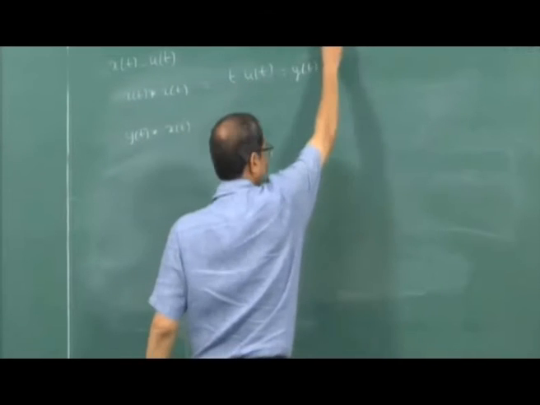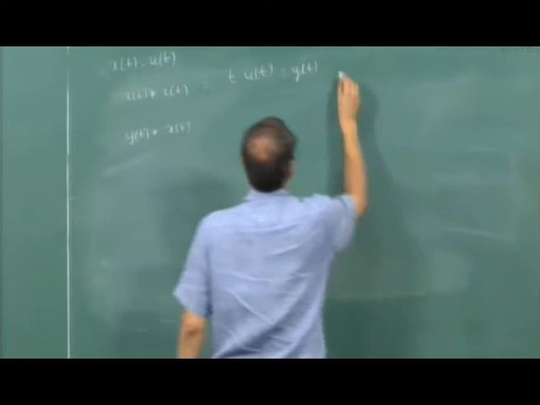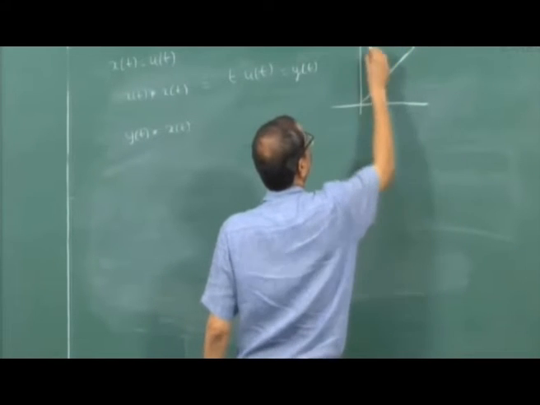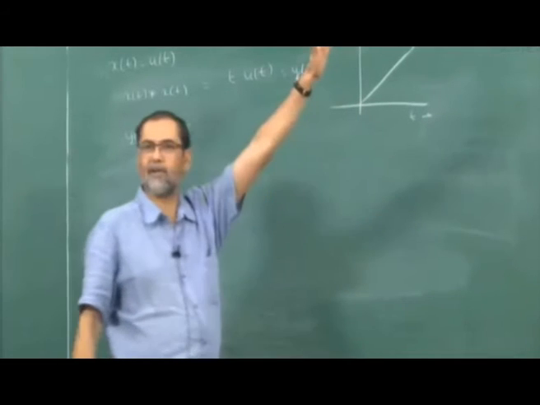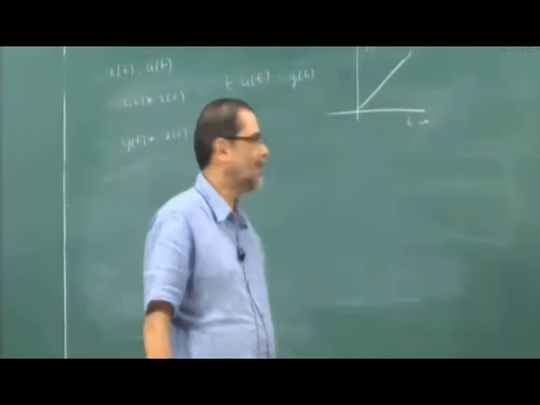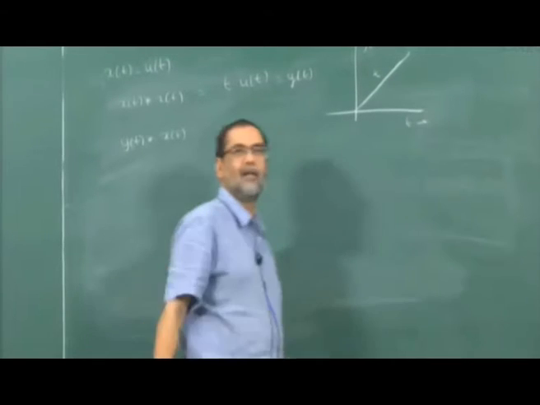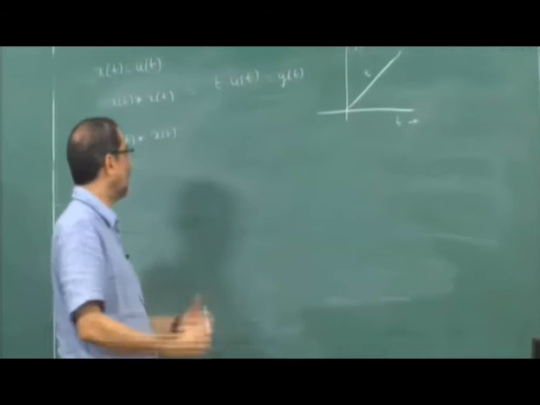So it's still here. Okay. So y of t is a ramp. It's a sloping function, a 45 degrees line, and the equation is y equal to t. That's the answer for the first part, convolving u with itself.